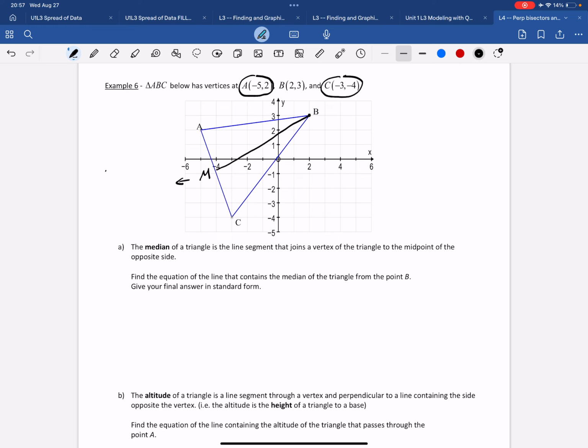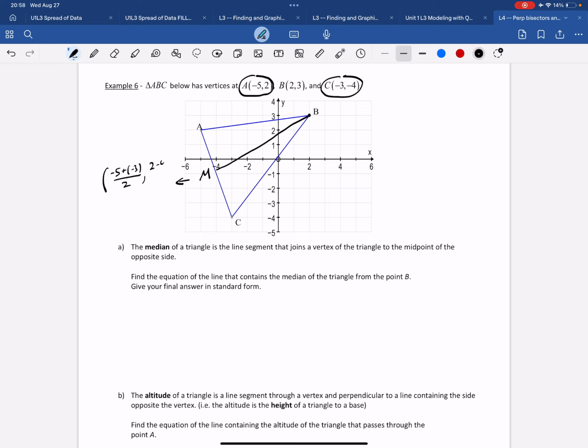We're going to take the average of the x values, so -5 and -3. That ends up being -4, right? And then we take the average of the y values, so 2 minus 4 divided by 2.